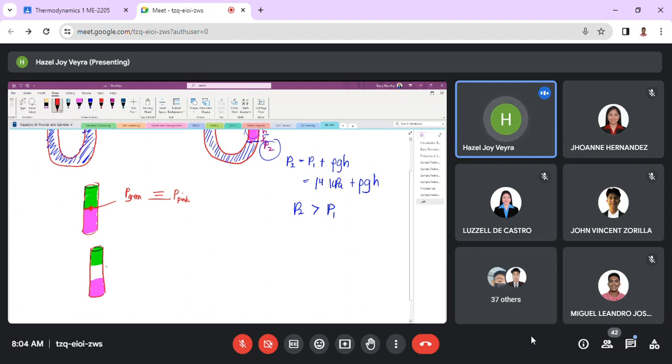And then you have here gas. For example, you have here P1, and you have here P2.